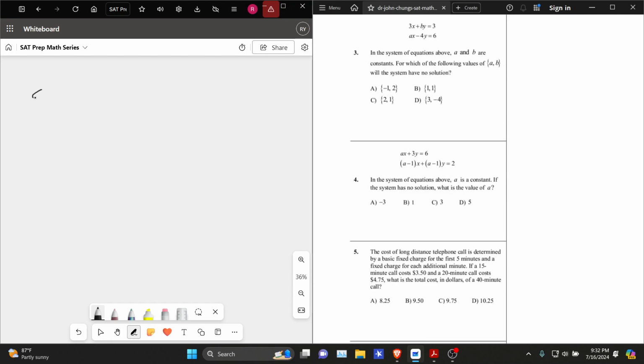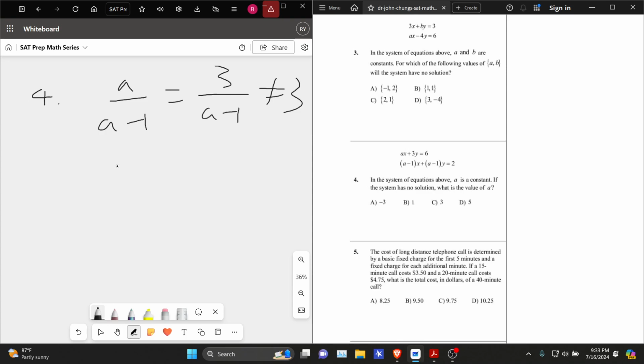Okay, let's look at number 4. In the system of equations above, a is a constant. If the system has no solution, what is the value of a? So it has no solutions, which means that a over a minus 1 is equal to 3 over a minus 1, but it's not equal to 3, which is 6 over 2.